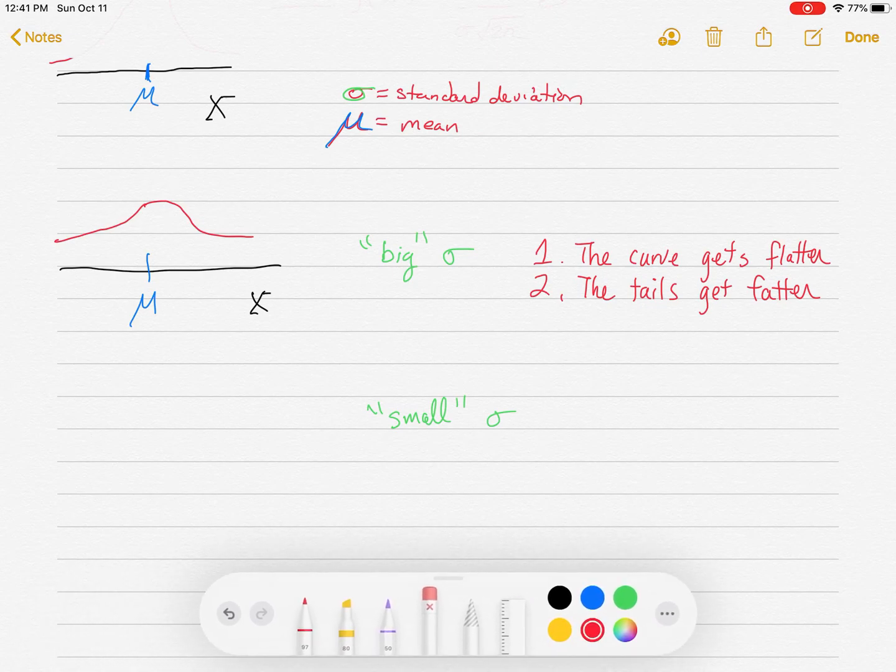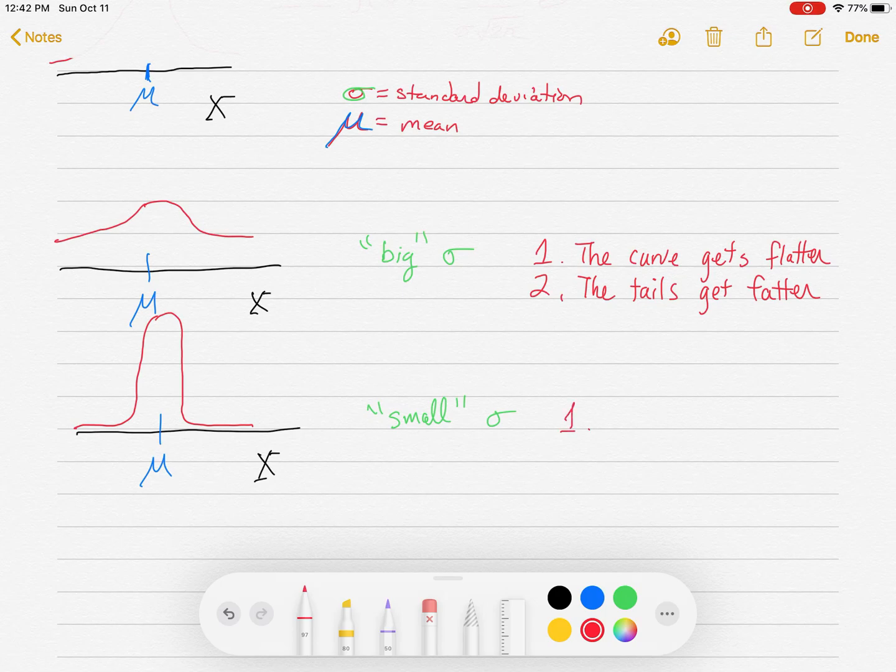So when I have a small standard deviation, let me go back and draw my distribution. Here's my random variable x. Let's keep the mean still the same. Let's not change that. Still mu.